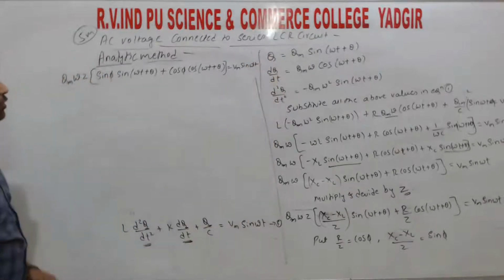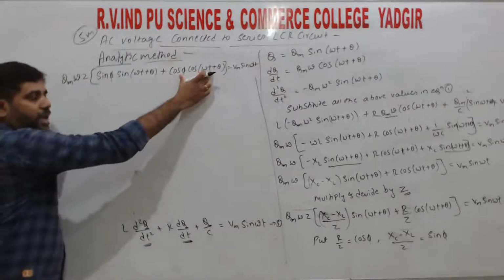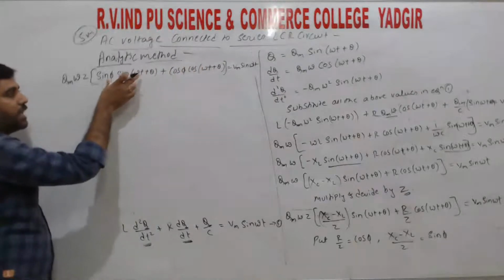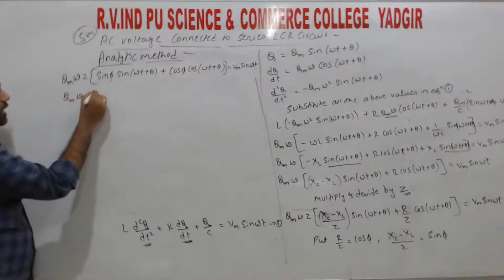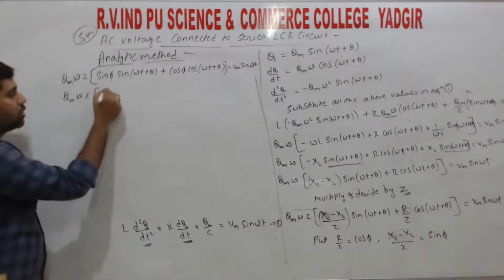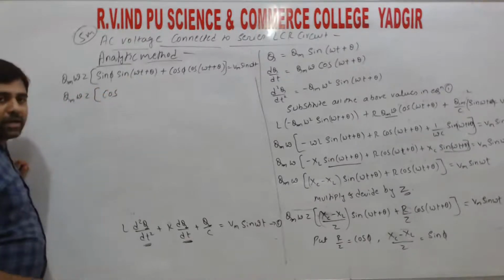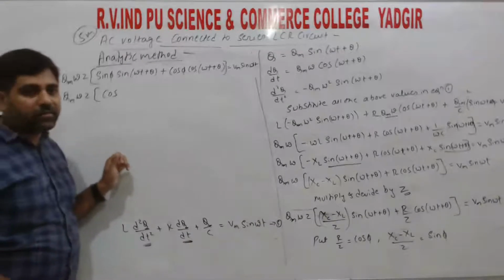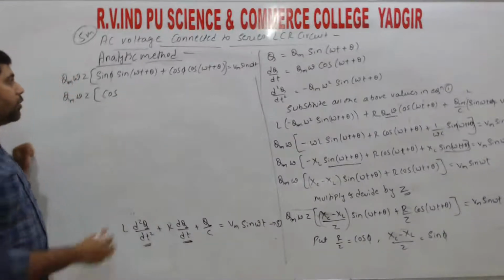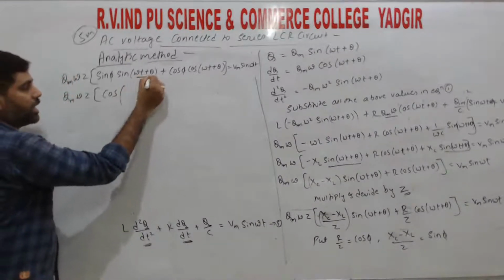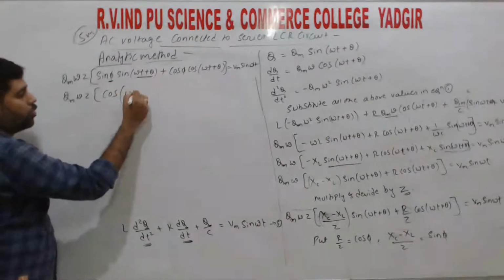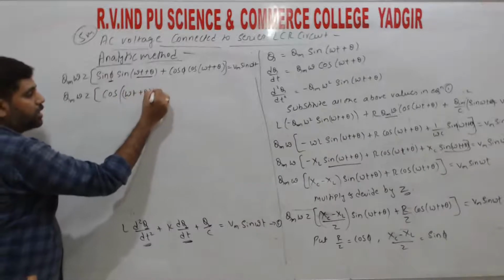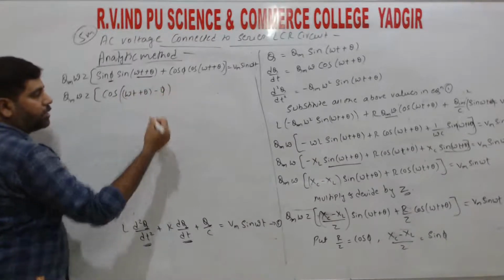So this is in the form of cos A cos B plus sin A sin B, right? So Qm omega z, we can write this one as cos of A minus B, cos A cos B plus sin A sin B, that gives what? Cos of A minus B, right? So we take this one as A and this one as B, so cos of omega t plus theta minus phi, right?